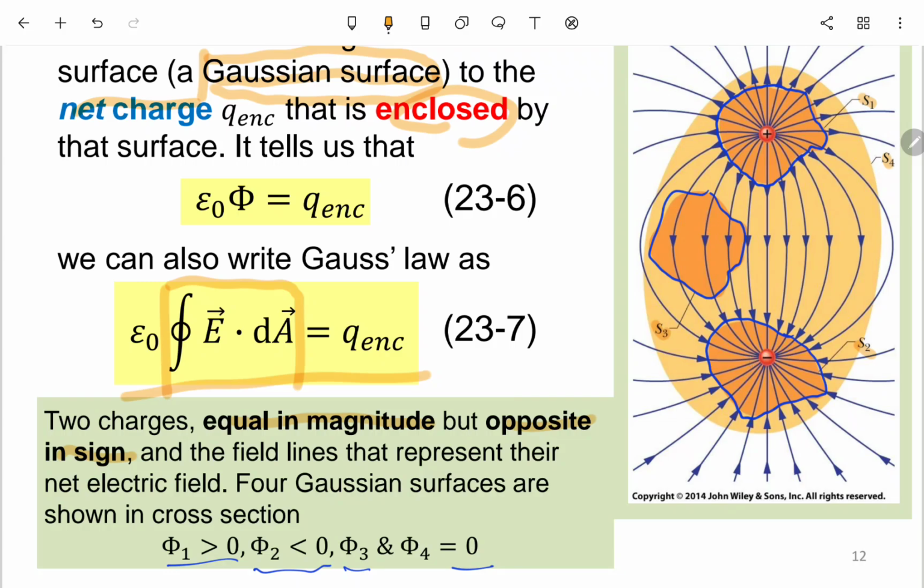So the total charge enclosed by S4 is still 0, even though it encloses one positive and one negative charge. So Q enclosed for S4 is also 0. In this case, phi 4, this integration for S4, is also 0. So here we can conclude that S3 and S4 are both 0.